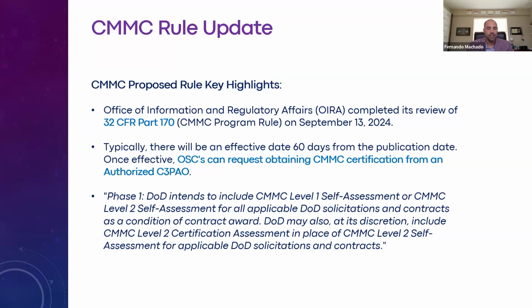Next slide. Yeah, real quick before we get into the next thing, just to highlight, I know some of this is new to people too, but the confusing part a little bit is what Fernando just said: there are 2 parts to this. There is a 48 CFR, there's a 32 CFR. In layman's terms, one says CMMC is a real thing, the other says it can be in contract, has to be in contracts. And correct.